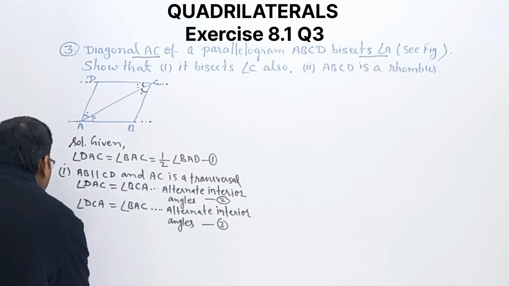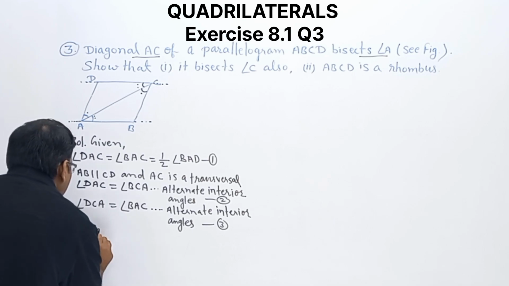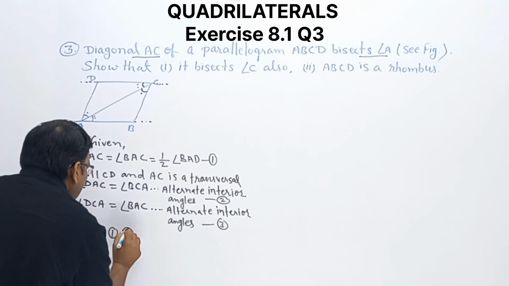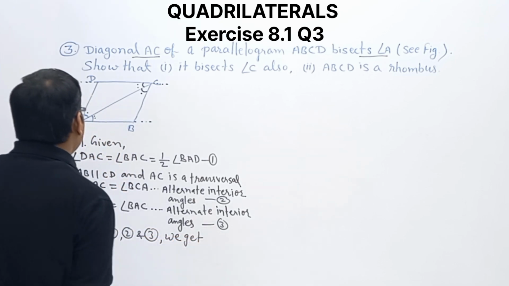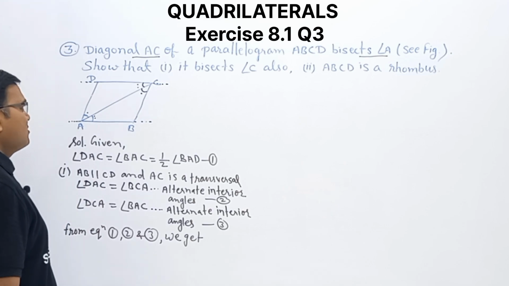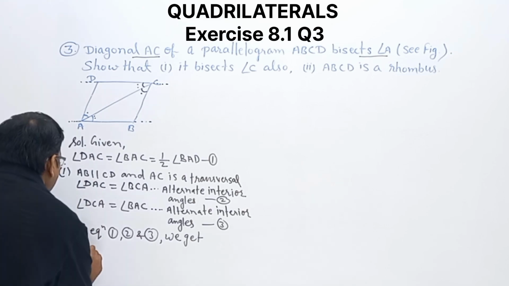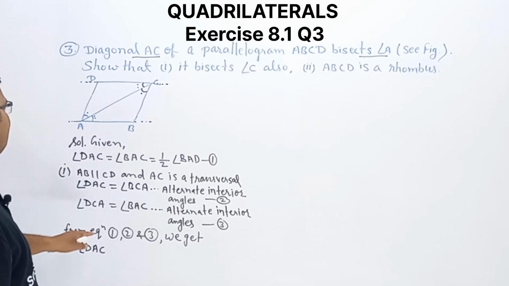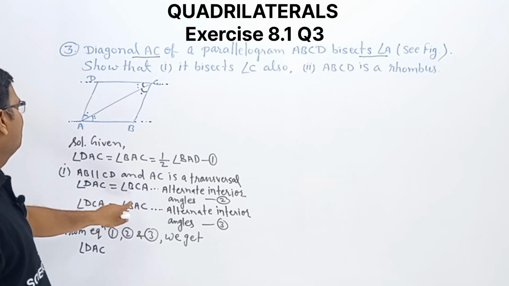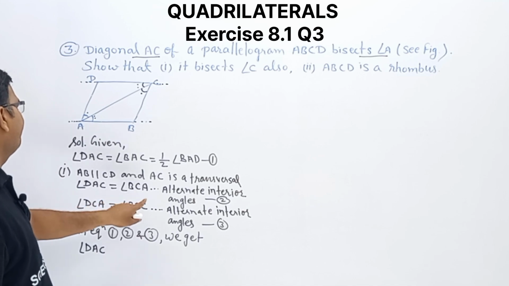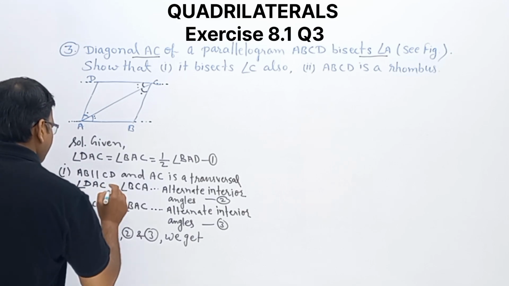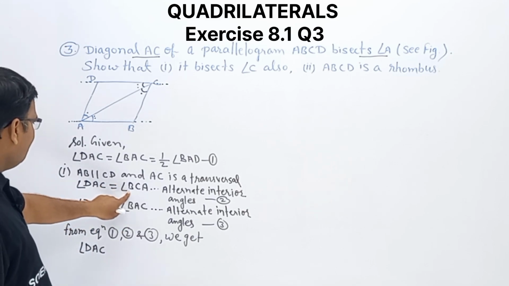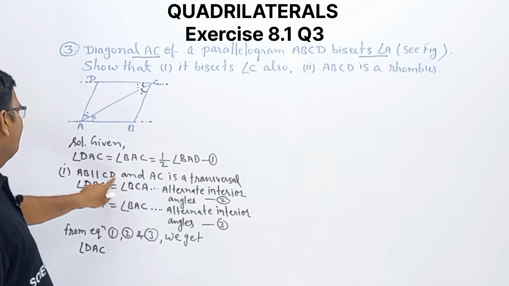From equations 1, 2 and 3 we get what? From these three equations we can write angle DAC equal to angle BCA.